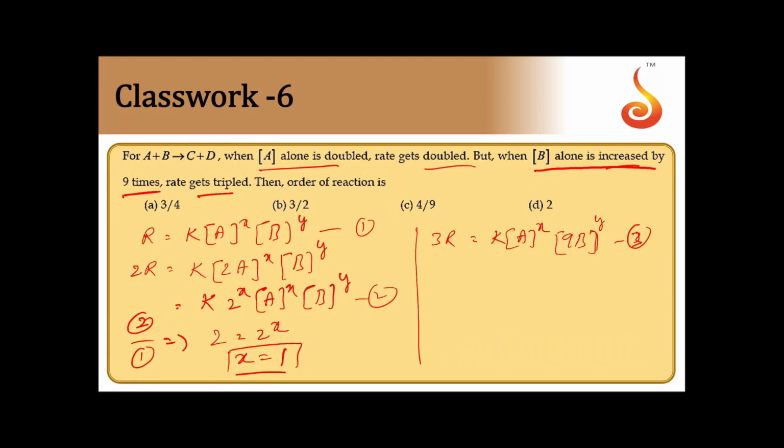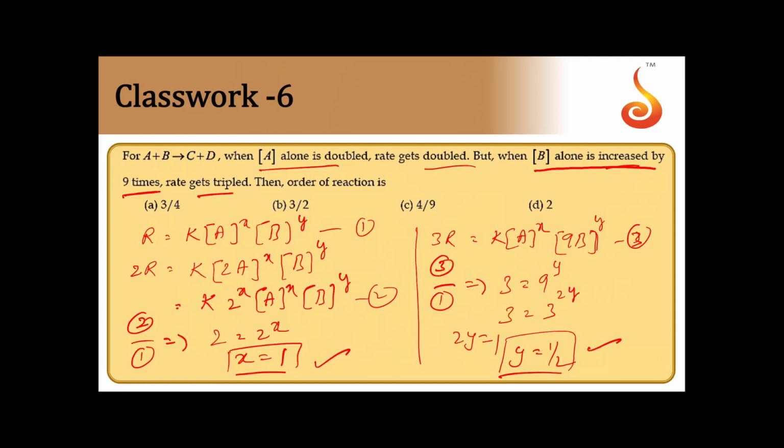So dividing equation 3 by 1, 3 is equal to 9 to the power of Y. We can write 3 is equal to 3 to the power of 2Y. This implies 2Y is equal to 1. Therefore Y is equal to 1 by 2. X is 1, Y is 1 by 2.